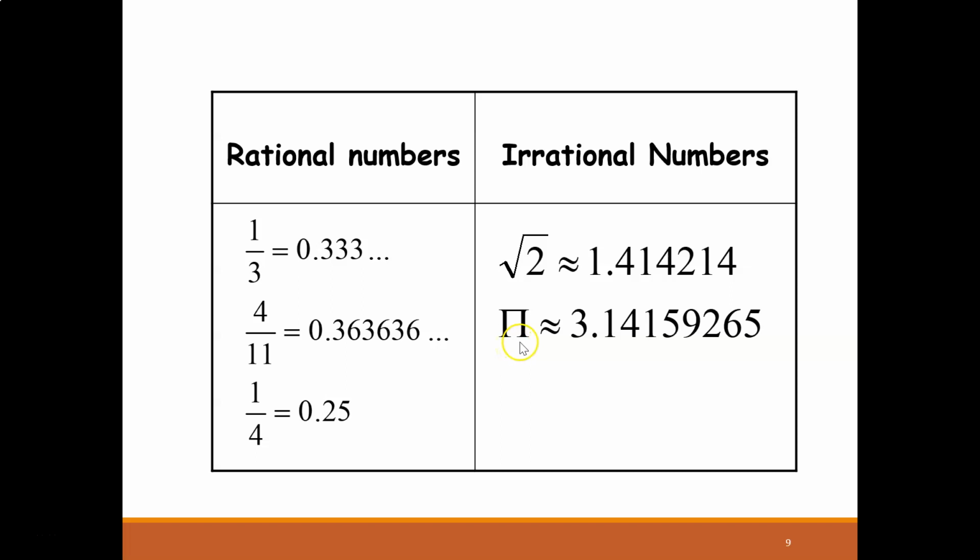When we key in pi in the calculator, you will have 3.14159265 and so on and so forth, right? So none of it is repeating. Tidak ada yang berulang. So this becomes an irrational number. So I hope you can differentiate between the rational and the irrational numbers.